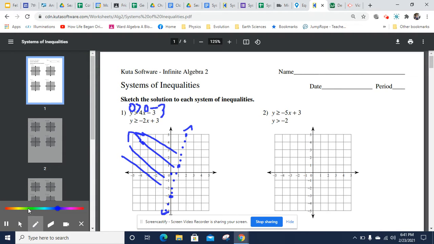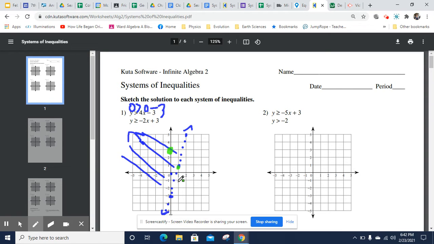Now, I'll pick a different color to graph the other equation. y is greater than or equal to negative 2x plus 3. So I'll plot the y-intercept here at 3. It's going to be a solid line because it's "or equal to." The slope is negative 2. That means I'm going to go down 2 over 1, down 2 over 1.